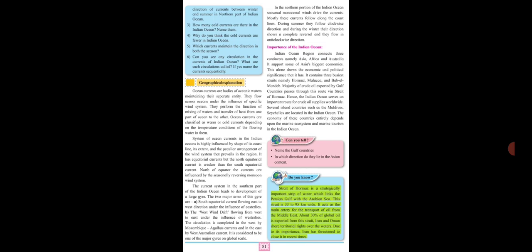The economy of these countries entirely depends upon the marine ecosystem. So it supports the marine ecosystem, they depend on that, and then marine tourism in the Indian Ocean. So this is the importance of the Indian Ocean.